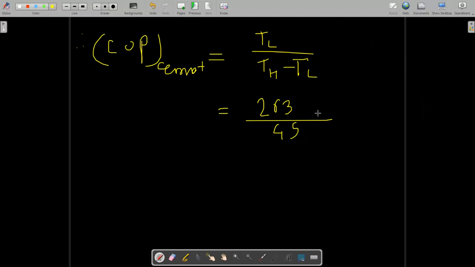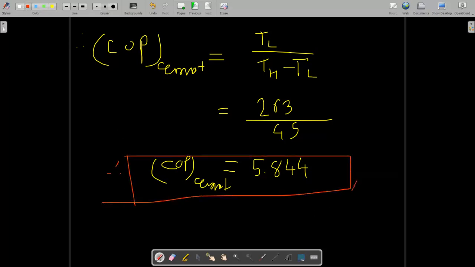If you take the difference in Kelvin, it also remains the same, 45. So your Carnot COP will be 5.844. This is the answer to your fourth question.